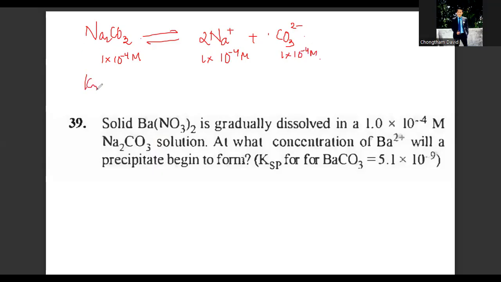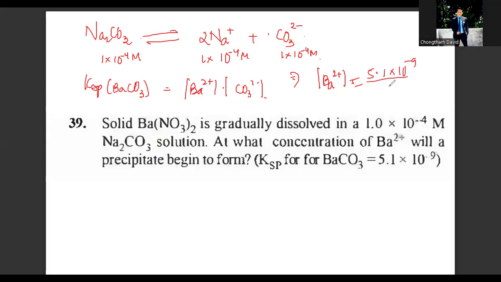So the solubility product Ksp for barium carbonate is the product of barium ion and carbonate ion concentrations. So the barium ion concentration would be 5.1 into 10 to the power minus 9 divided by 1 into 10 to the power minus 4, which is approximately 5 into 10 to the power minus 5. So let us check for the answer: 5 into 10 to the power minus 5.